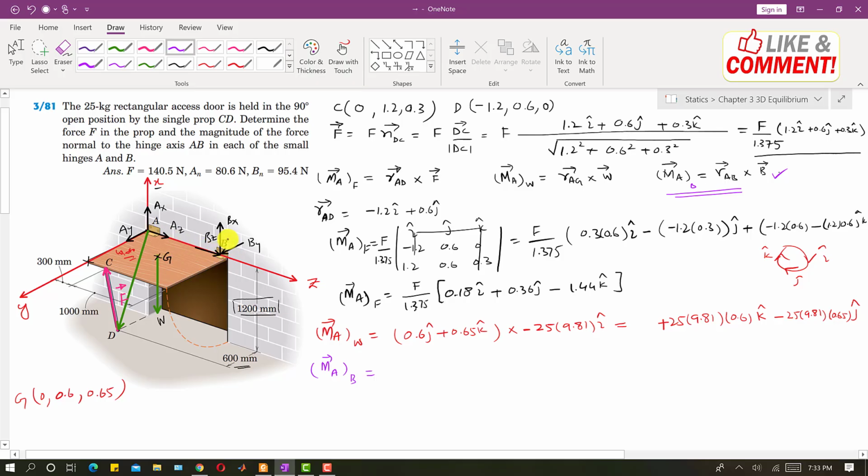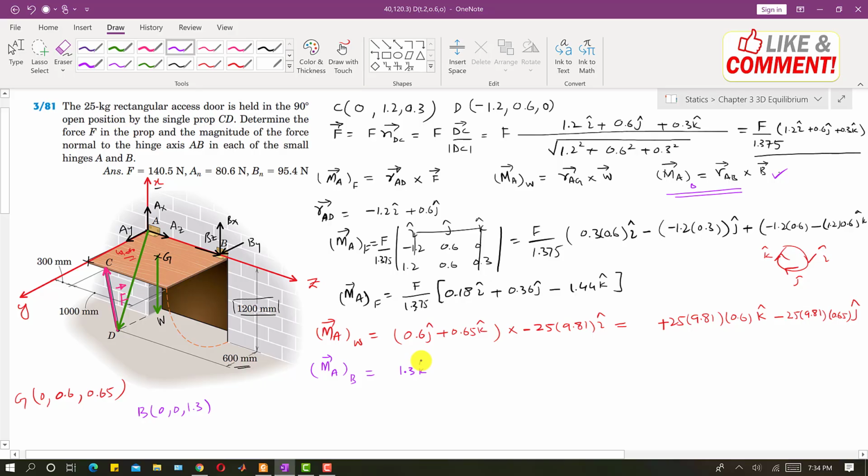So we need to find the coordinates of point B. As we can see, point B is on the Z axis, so there is no need to travel along X or Y, and we only need to travel the 1300 mm length, right? So this is 1.3 along Z. So these are the coordinates of point B, and since A is the origin, we can directly write the RAB vector like this.